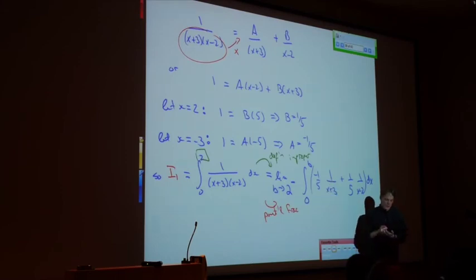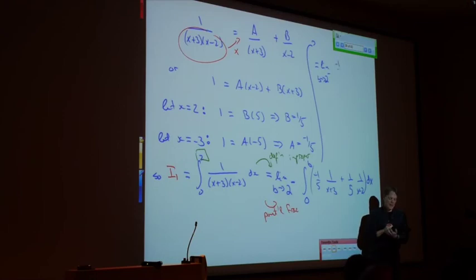So the integral here, bring it up top, is the limit as b goes to 2 from the left. Integral of 1 over x plus 3. Ln, yes.